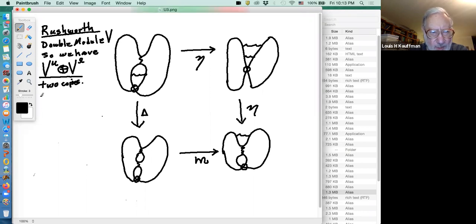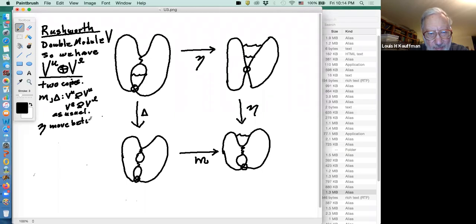And as far as multiplication and co-multiplication, take VU into VU and VL into VL as usual. No change. But we're going to define eta, and eta will move between the modules.